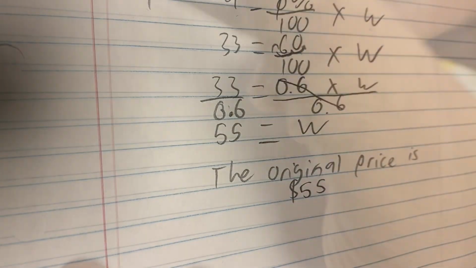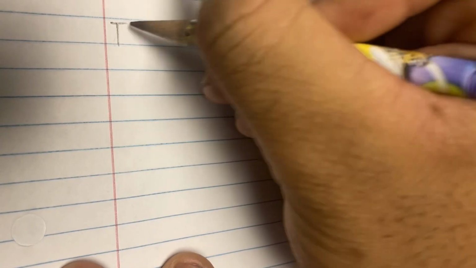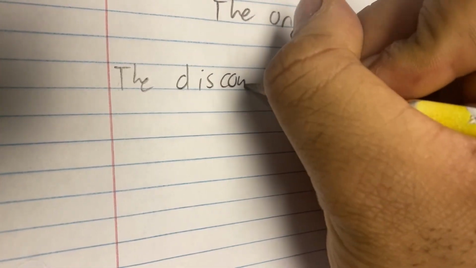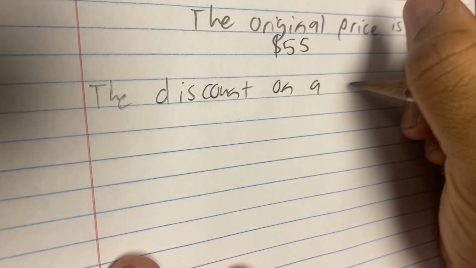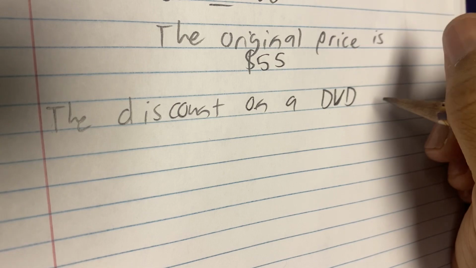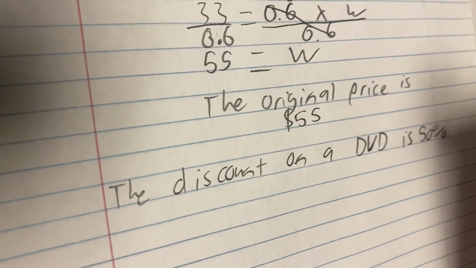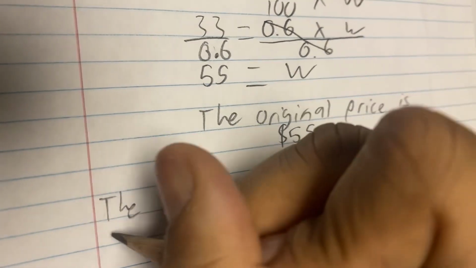All right, let's do another example. We're about to do our second example, and here it goes. The discount on a DVD is 50%.